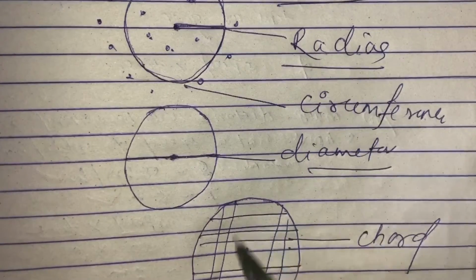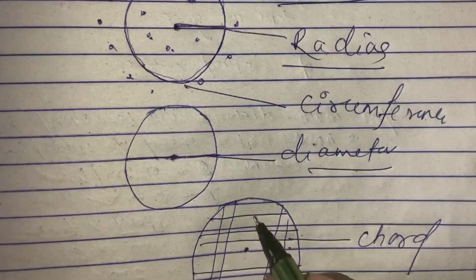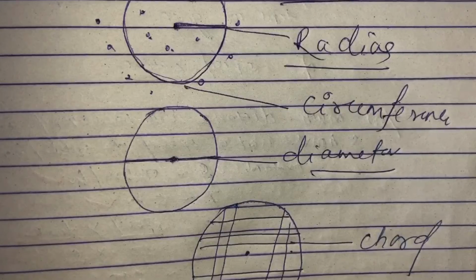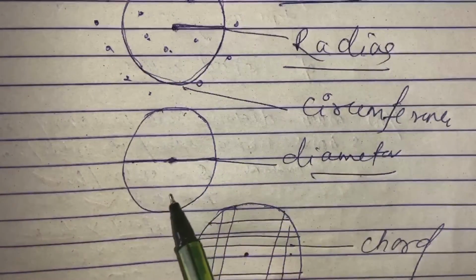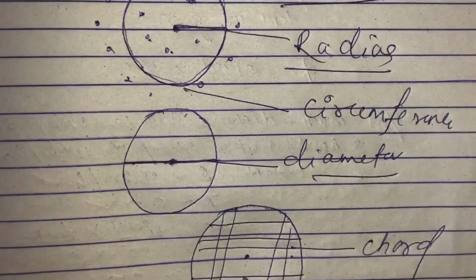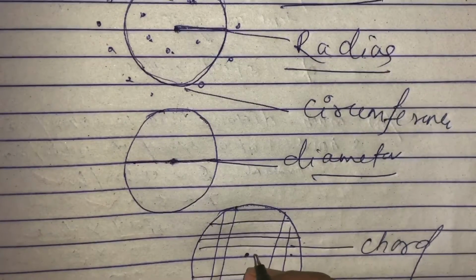If the line passes through the midpoint, then it will be the diameter, not the chord. Remember, the chord doesn't touch the midpoint of the circle.